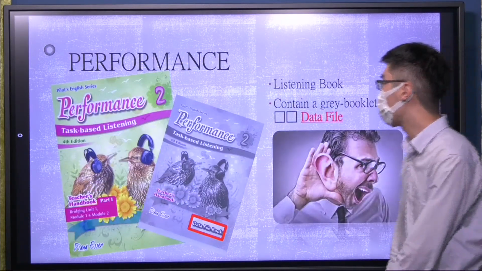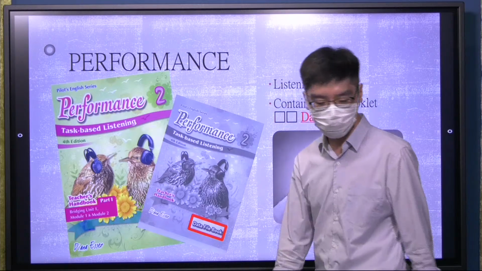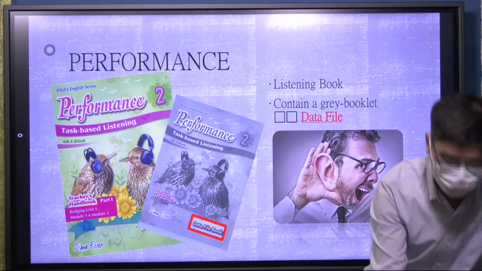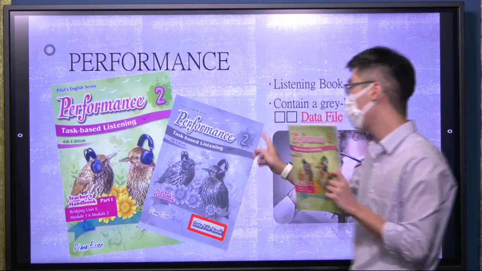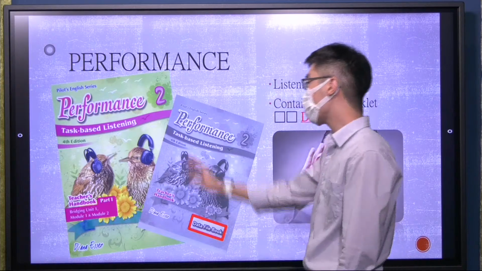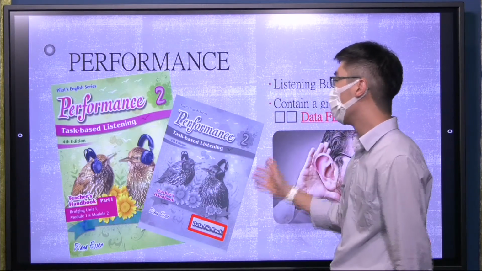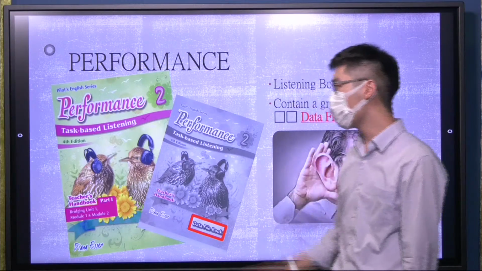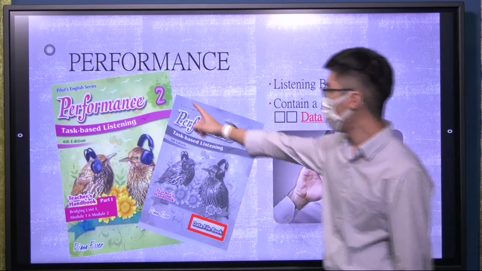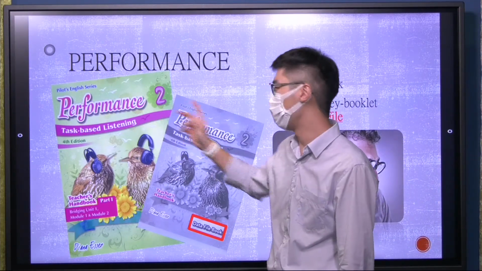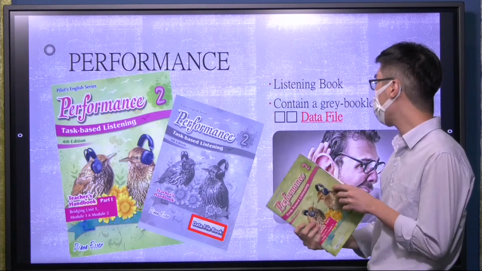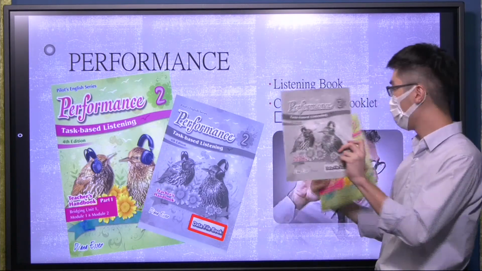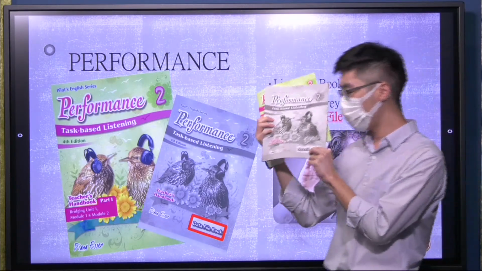And then the next one is the Performance. The Performance is like this one. You can see 2 little cute birds with headphones. It is our listening book. You should be familiar with it, because last year you had one, a blue one, I think. For the listening book, you should also have the data file book, right here.